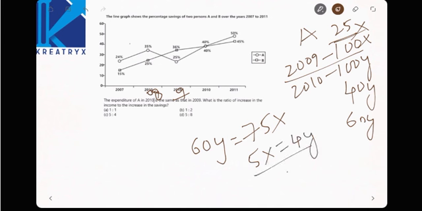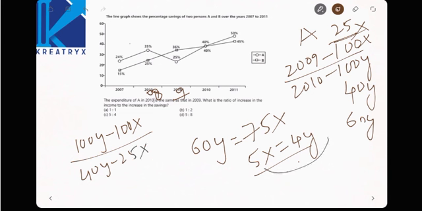Now what is the ratio of increase in income to increase in savings is the question, right? Increase in income. What is the increase in income? 100y is in 2010, 100x in 2009. Now increase in savings, 40y minus 25x. Now change the values by using this equation.